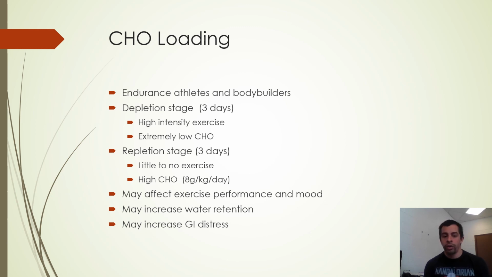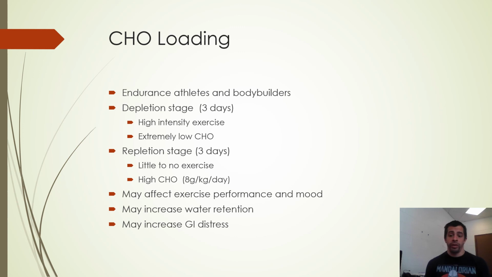This is followed by a repletion stage where there's little to no exercise and you ingest a very significant amount of carbohydrates, about 8 grams per kilo per day. You do that for 3 days. What actually happens is your muscles will supercompensate and retain a higher level of muscle glycogen than was previously possible.